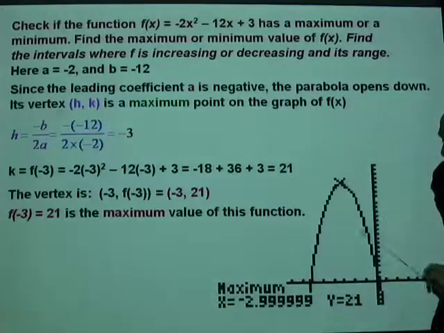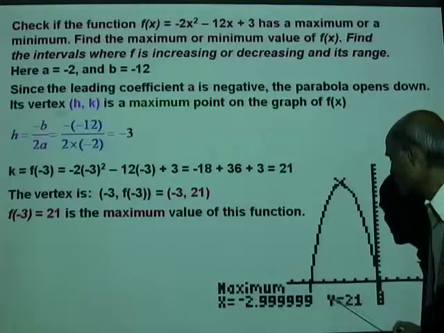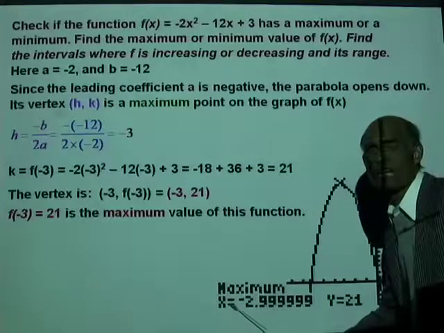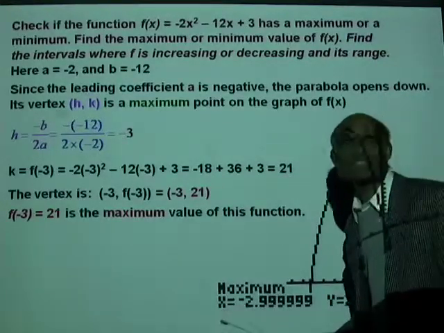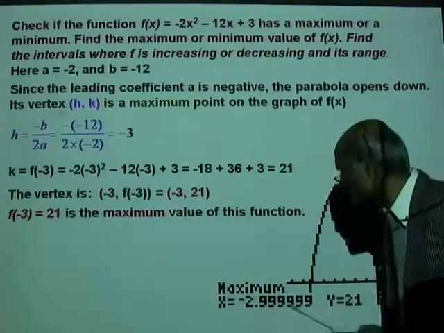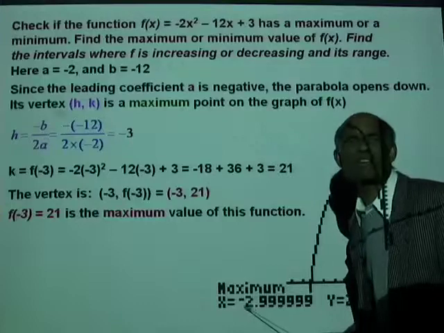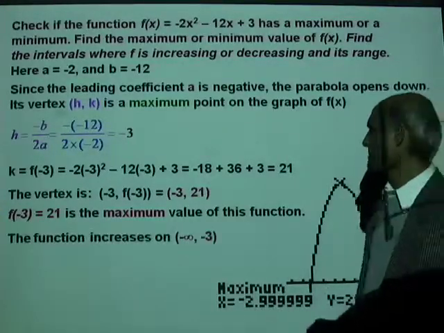Now here I have got the graph for you, and it tells you the maximum y equal to 21, and you see this negative 2.9999. Now this is the crazy way the calculator tells you that the maximum occurs at x equal to negative 3. Alright, so don't worry over this.